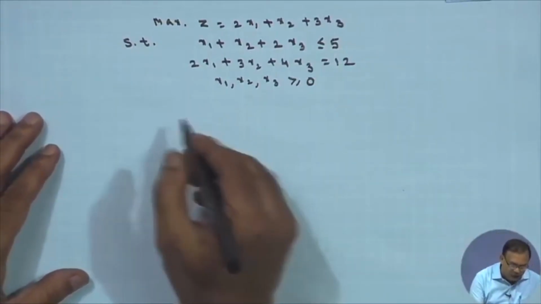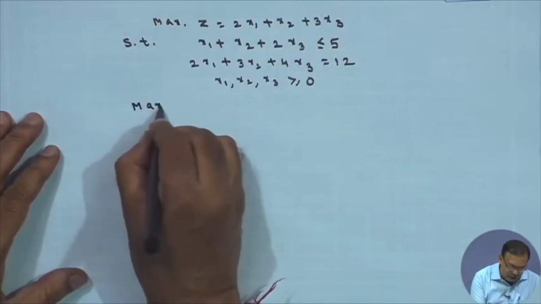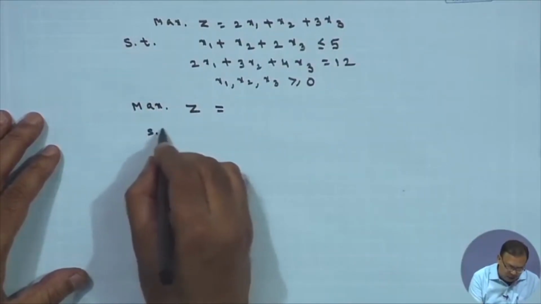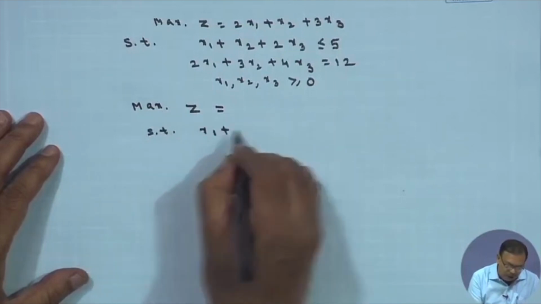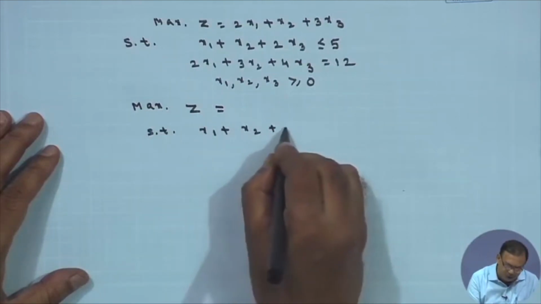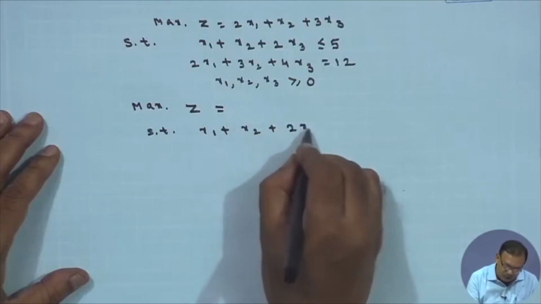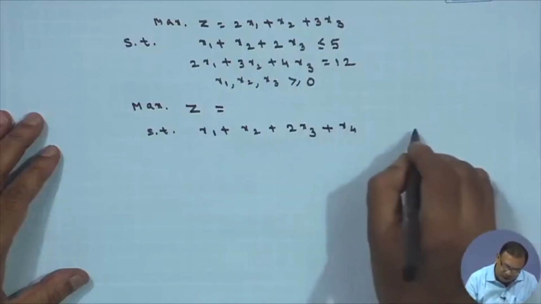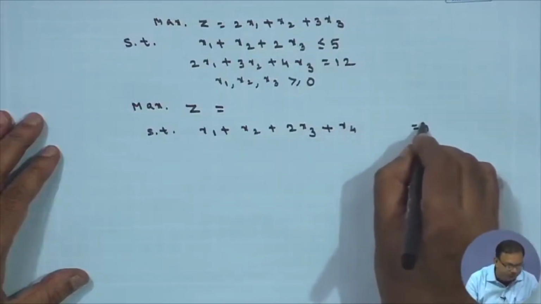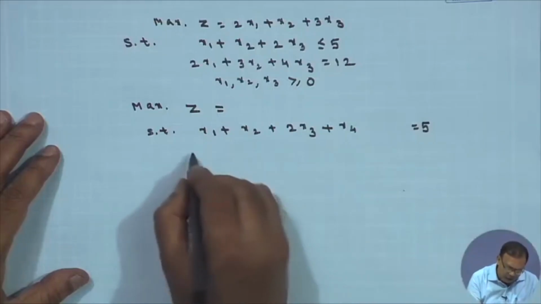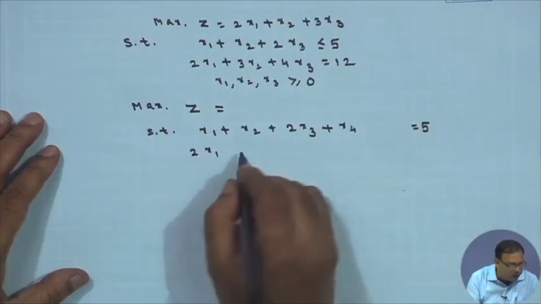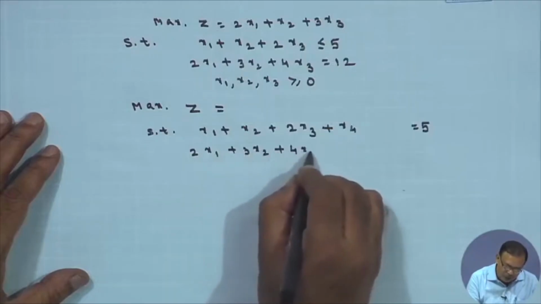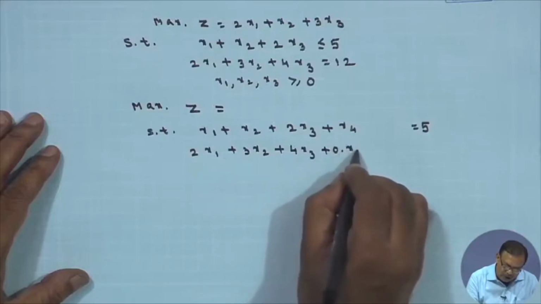So, in the standard form, we can write it like this: maximize z equals 2x1 plus x2 plus 3x3, subject to x1 plus x2 plus 2x3 plus x4 equals 5, and 2x1 plus 3x2 plus 4x3, where x4 will not be there.